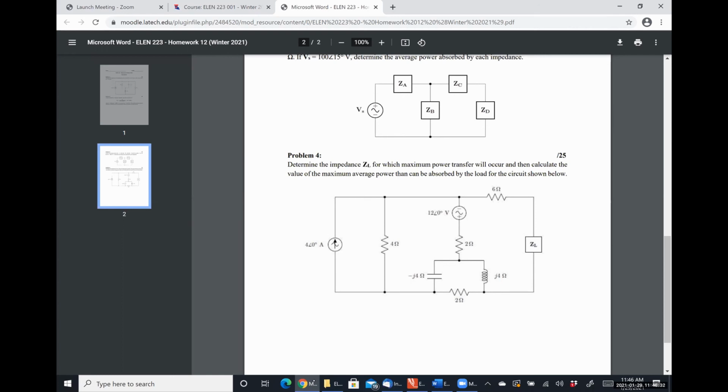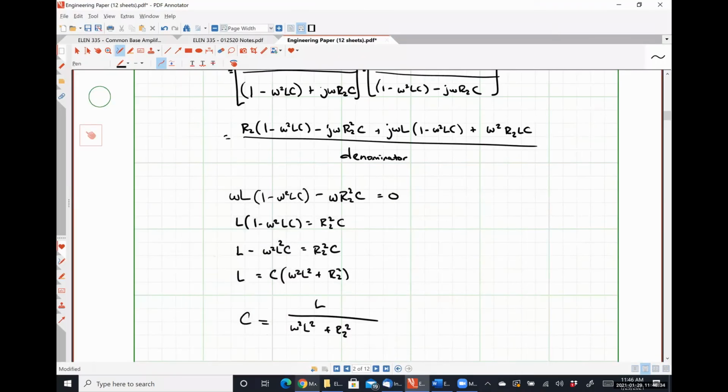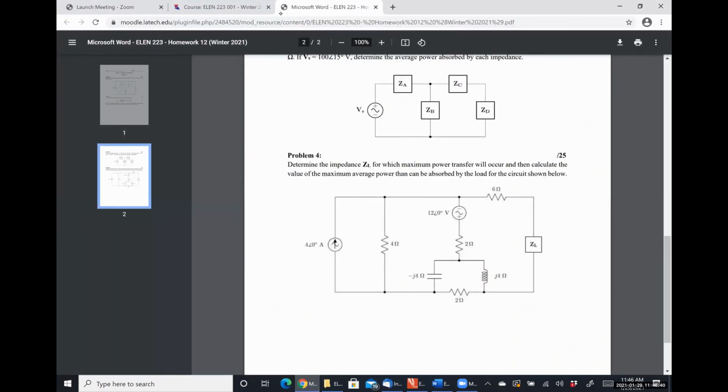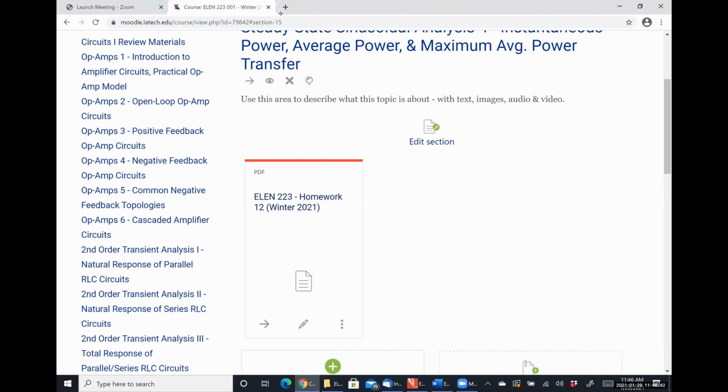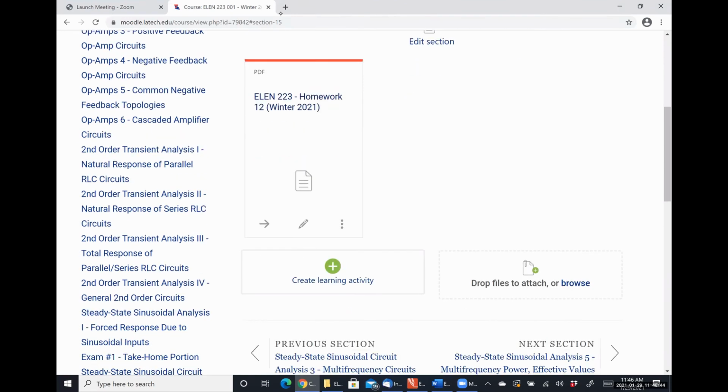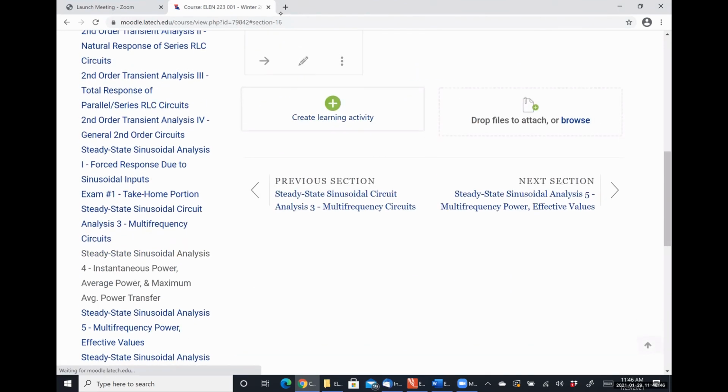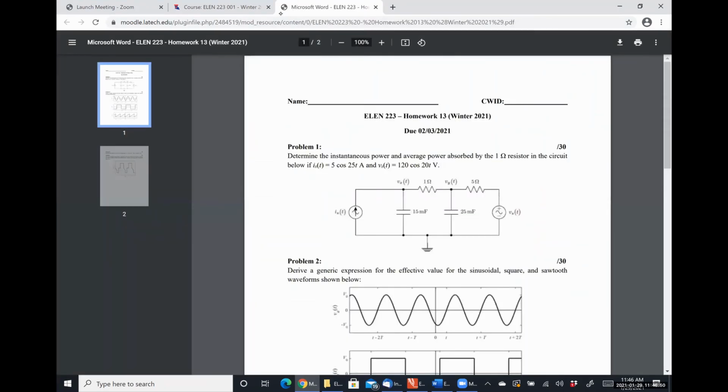The only real question I've got, just off the top of my head, is homework 13. So let's see. All right. Basically, what I looked at is you end up with 2 frequencies.